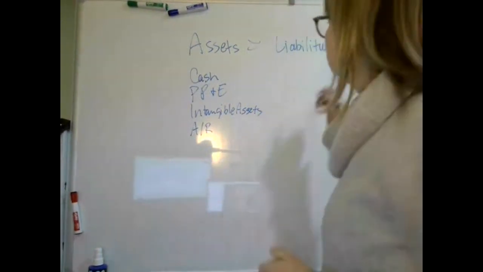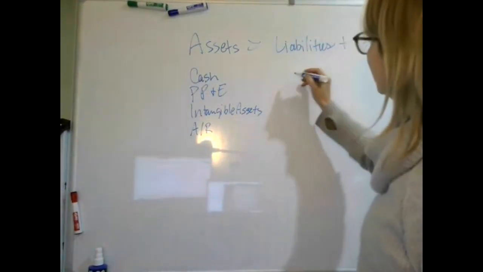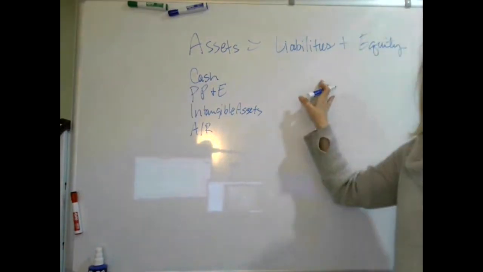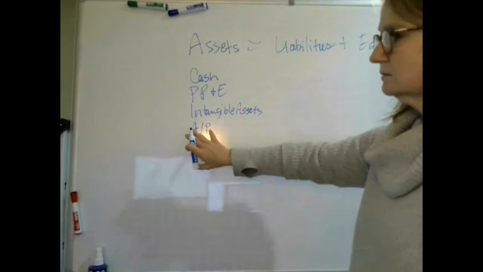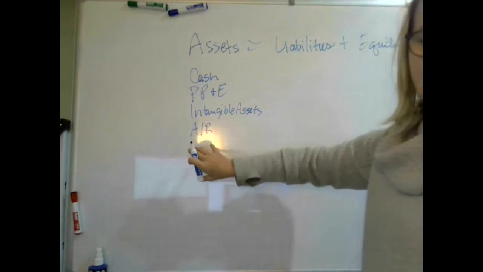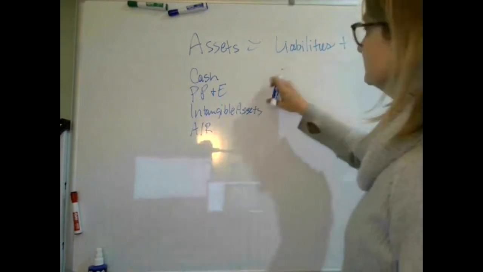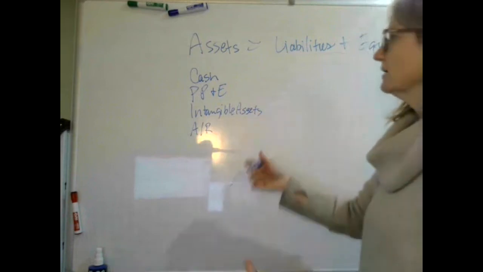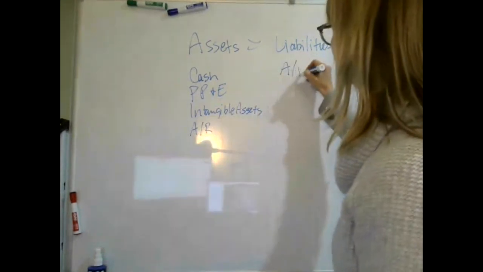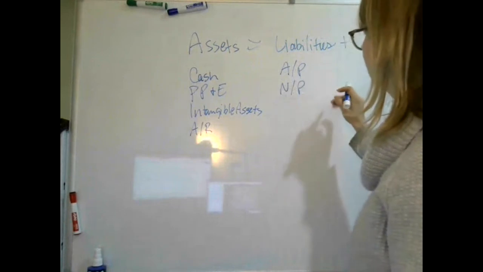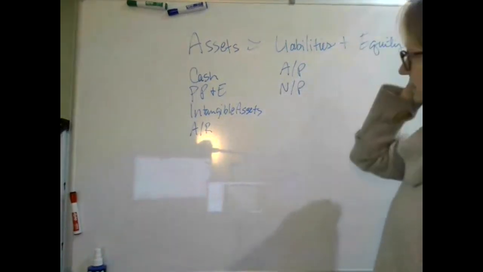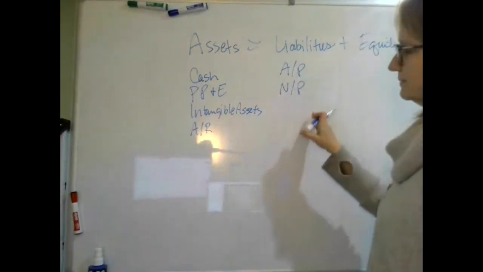Liabilities, these are amounts that we owe to others. So assets are things that we own or others owe to us. Liabilities are items that we owe to others, right? So things like accounts payable, notes payable. Those are kind of the big two for liabilities.